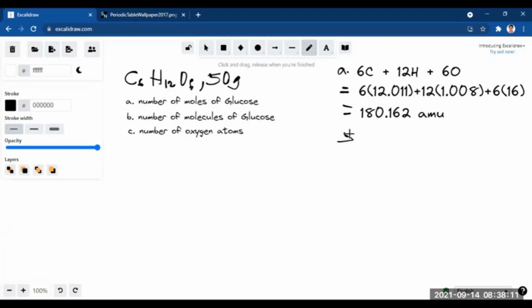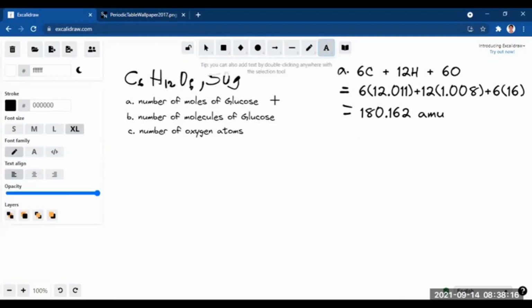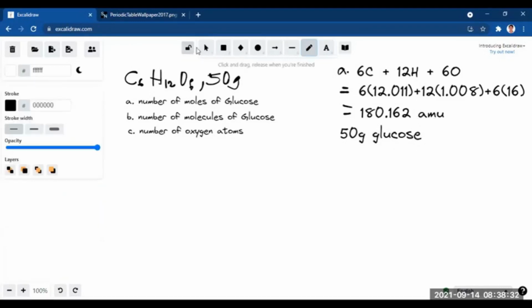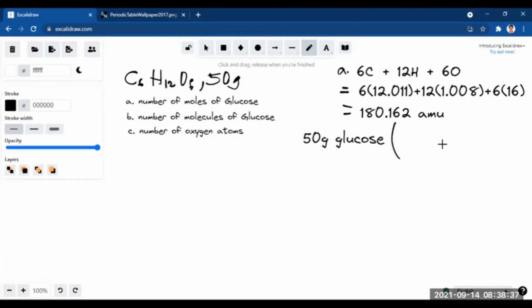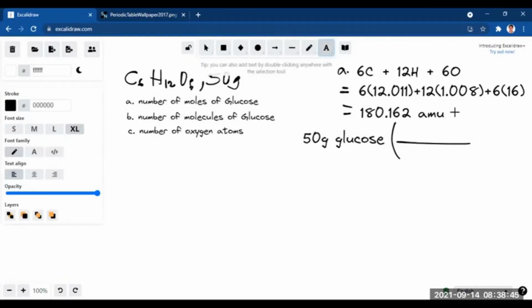So we have 50 grams glucose times, as we discussed earlier, this atomic mass unit will become grams per mole.